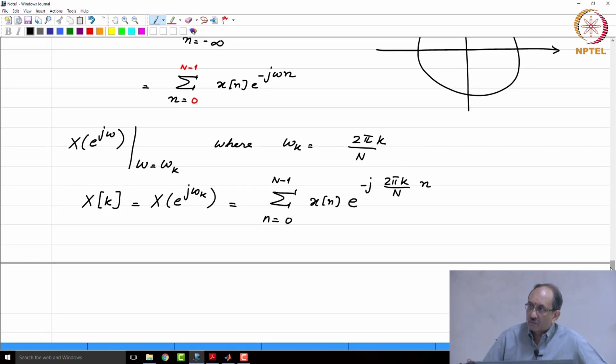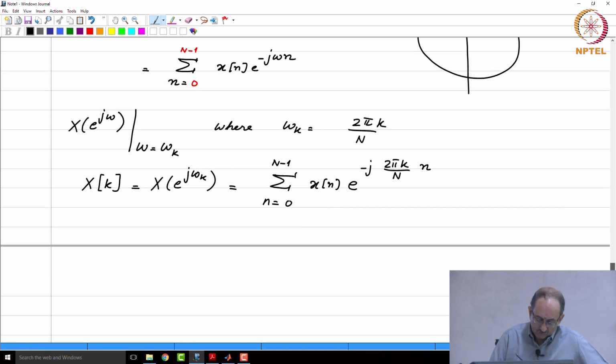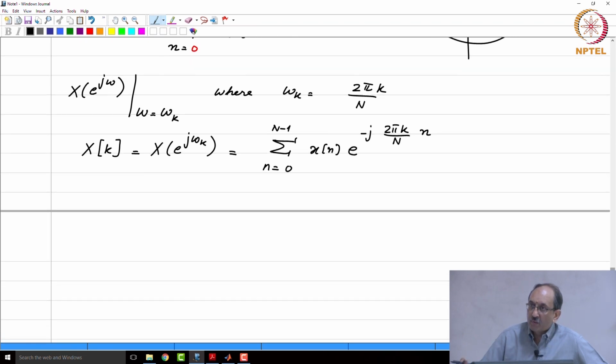Now, if you sample in one domain, you periodically repeat in the other domain, all right. So when we sampled in the time domain, where the spacing was capital T apart, in the other domain the repetition was 2 pi by capital T, where capital T was the spacing.